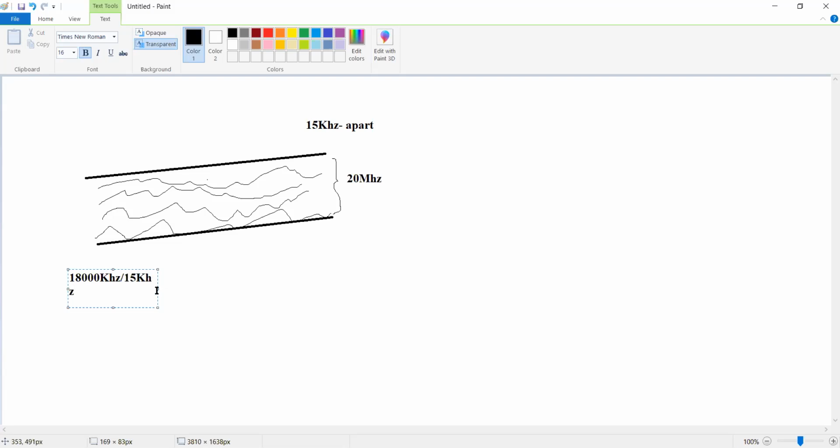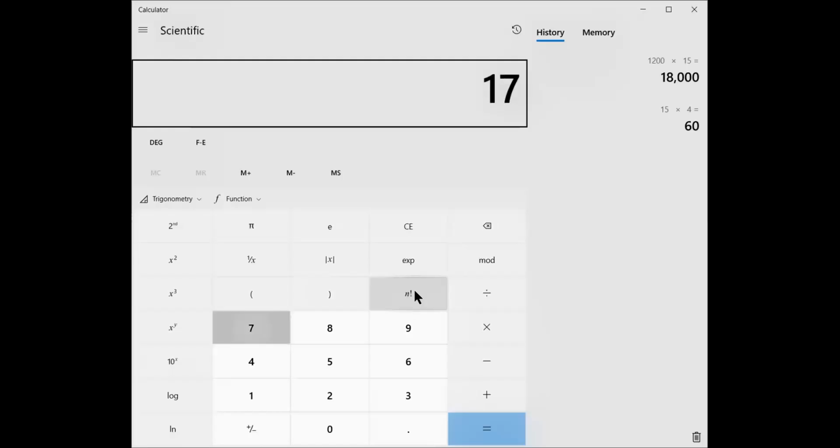Those kilohertz will get cancelled. Let's see, the calculator is better than us. 18,000 divided by 15 is 1200 subcarriers we will get.